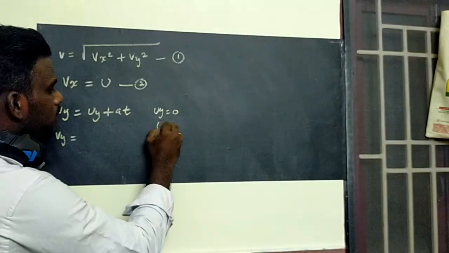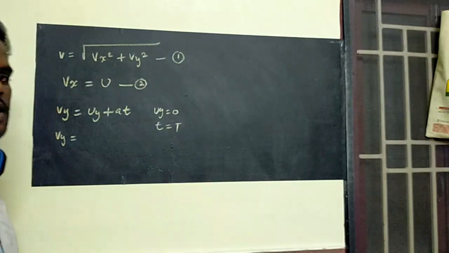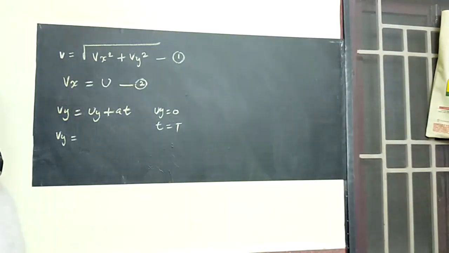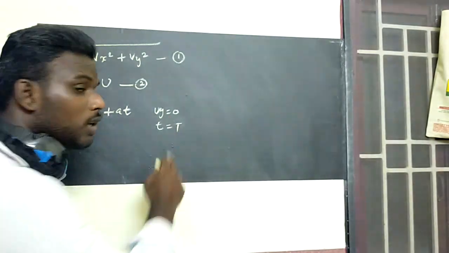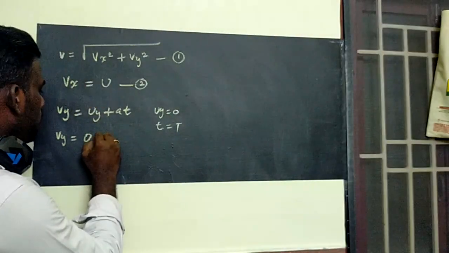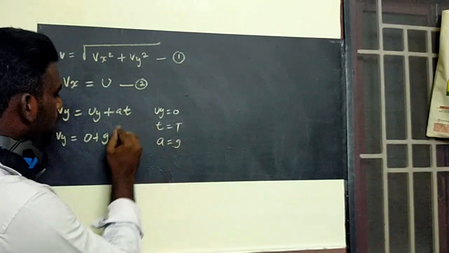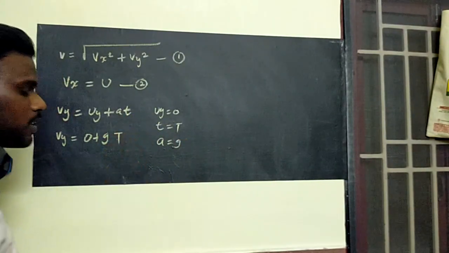And I can replace the small t with a capital T, because we want to know the total velocity of the body when it hits the ground. So that's why I am taking the total time.